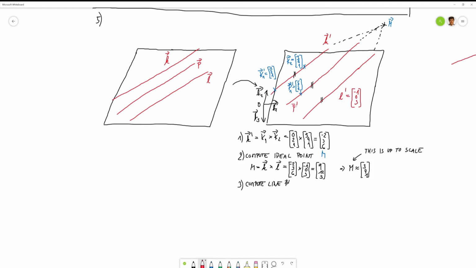Now we know 2 points on p prime, therefore we can compute the cross product of m and p1 prime, which gives us the coordinates of the line p prime. It is actually the cross product of the vector 3 4 1 with the vector 6 2 2, which is 6 0 and minus 18, which we can write up to scale as the vector 1 0 and minus 3.